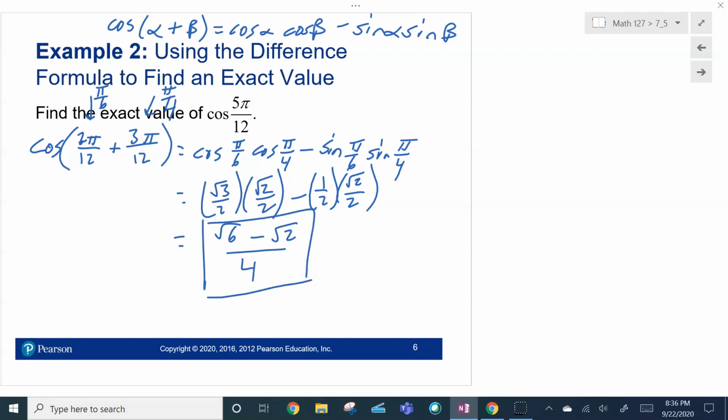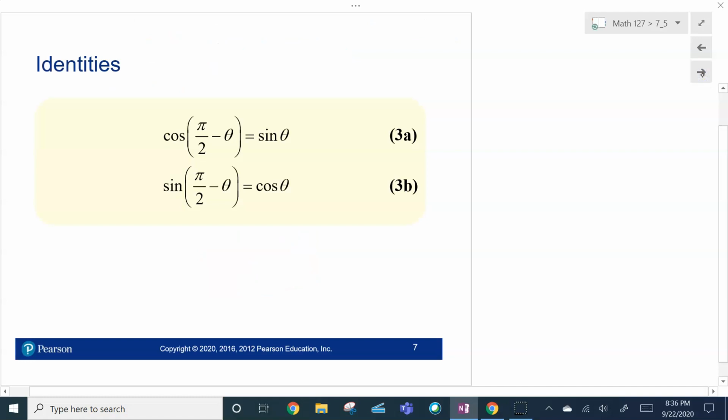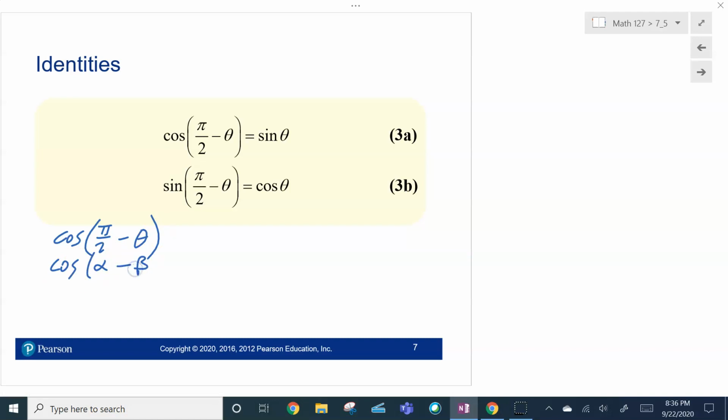Okay? These cofunction identities are interesting. You know, the cosine, if you remember these, if you use cosine alpha minus beta, that would be cosine alpha cosine beta plus sine alpha sine beta.